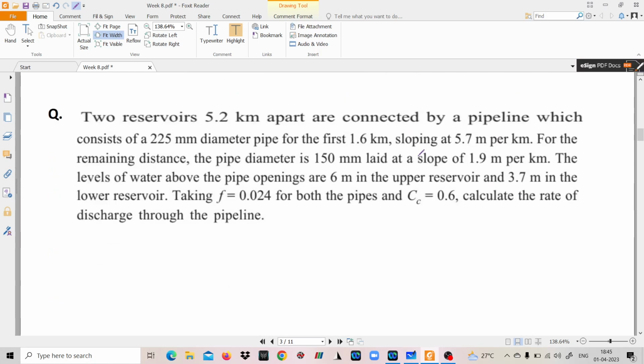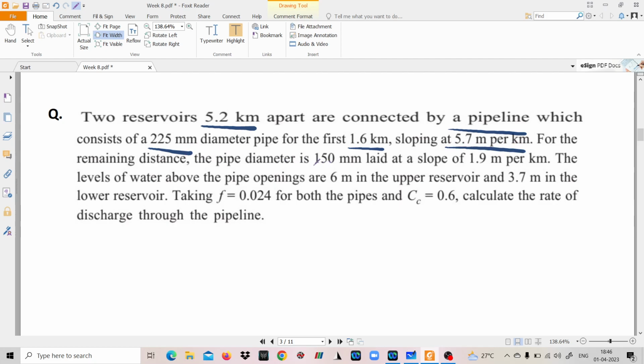Then let us move to the next problem. There are two reservoirs which are 5.2 km apart and they are connected by a pipeline which consists of pipes of different diameters. The pipeline consists of a 225 mm diameter pipe for the first 1.6 kilometer, and for that length the pipe is sloping at 5.7 meter per kilometer.